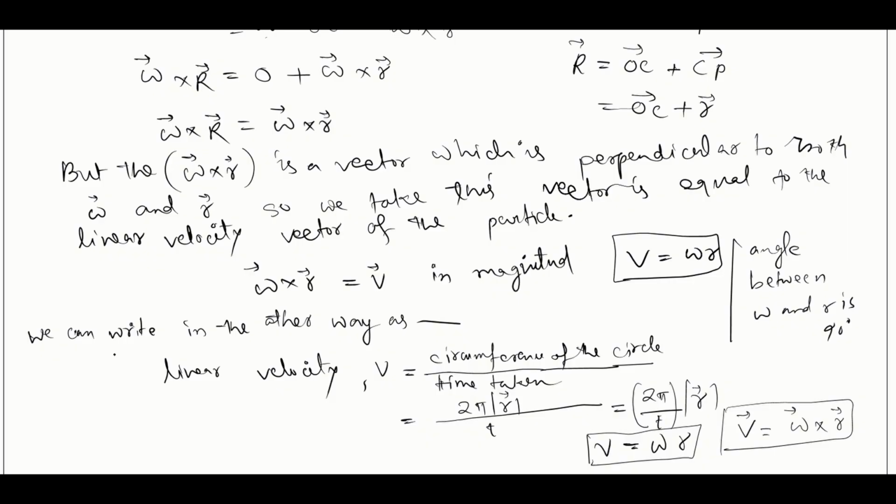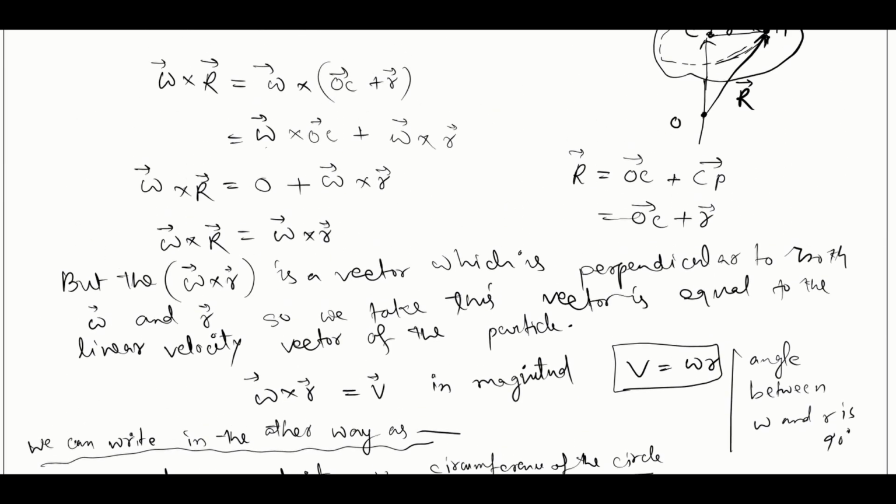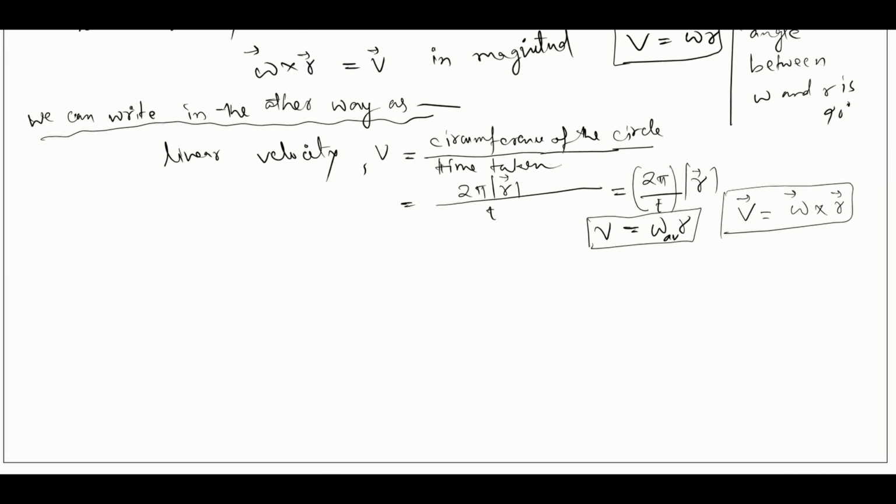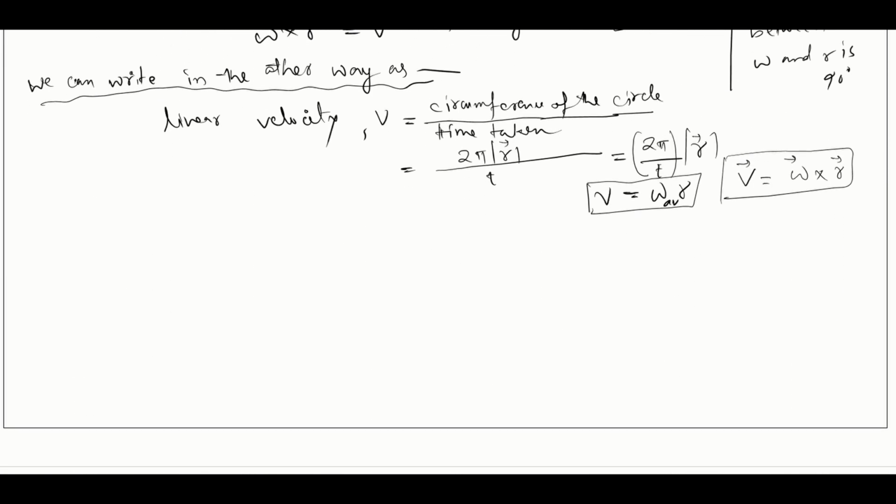So in this way also we can rewrite the relation. Here you have to take this omega as average angular speed. Okay, so these were the relations between linear velocity and angular velocity for a rotating object.